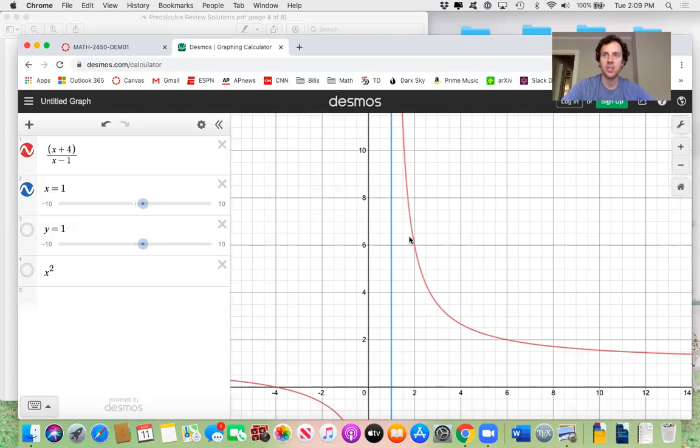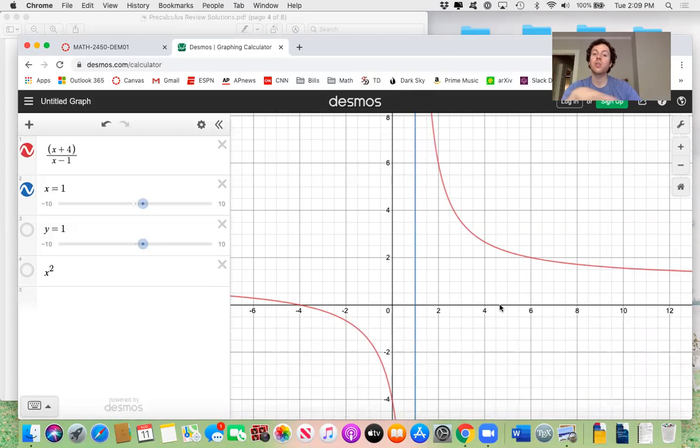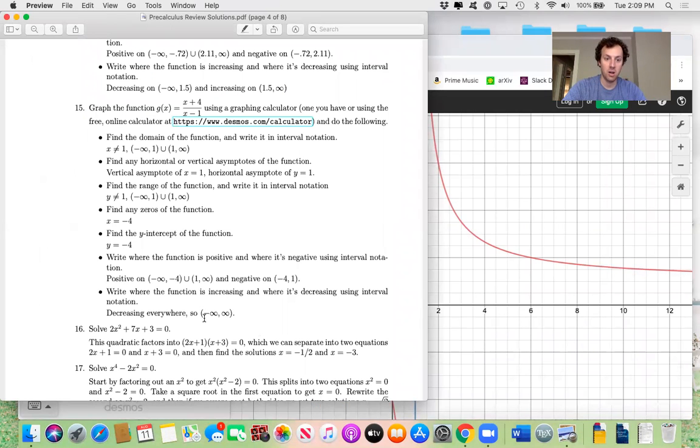But on this other side, we're going down again. We're decreasing really steeply as we're close to the asymptote, and then we make it around this curve, and we're decreasing much more slowly, but we're still going down. So in this case, we're actually decreasing everywhere. So we're decreasing on the whole interval.